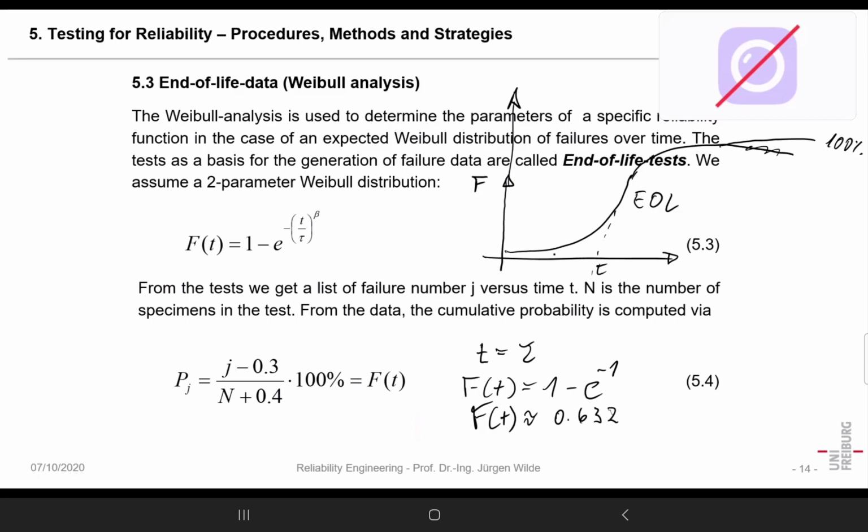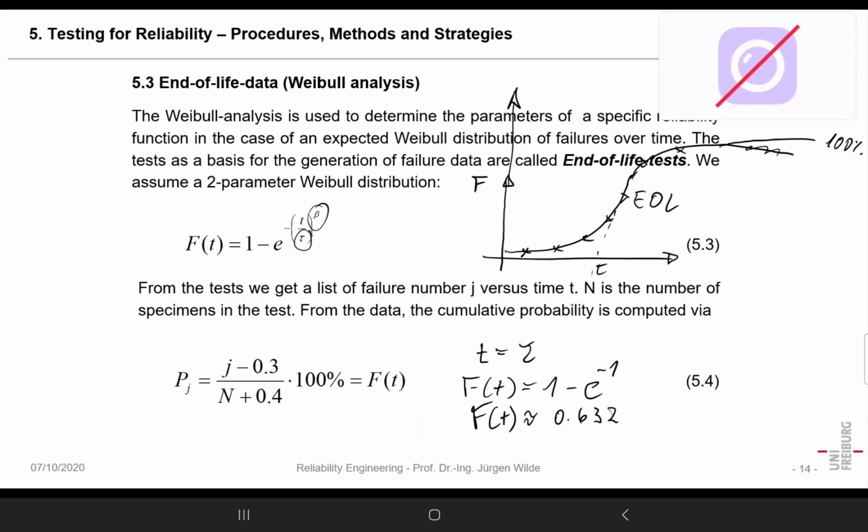So we have j from 1 to n, and the time tj. How can we get that? So in the end, it will lead to some values on that curve here. But the question is, how can we get these two parameters? The two parameters are the tau and the beta.